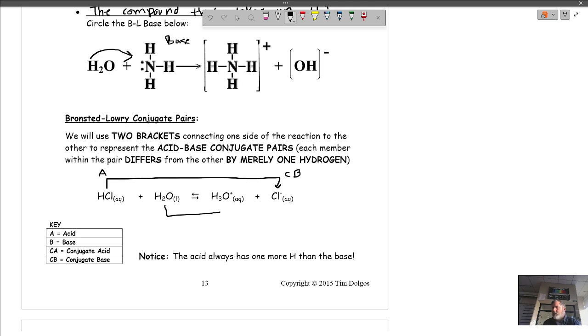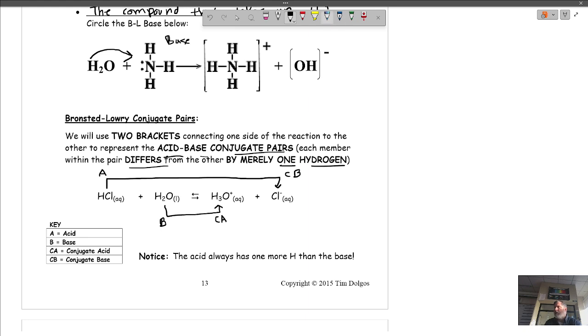H2O, though, water in this case acts as a base because it accepts a hydrogen, and so the H3O that's formed is called a conjugate acid. And these are the acid-base conjugate pairs. Within the pairs, they differ from each other by merely one hydrogen, so that's the thing that's connected.